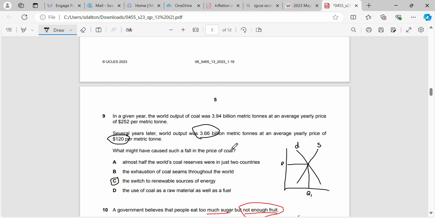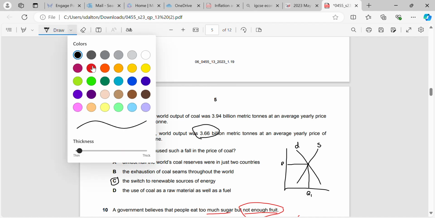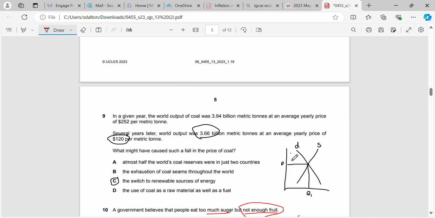So in that case, it would have to be demand shifting to the left, right? Because that would result in the quantity being lower and it would also result in the price being lower too, which are the circumstances that they've given us in the question. Now, why would that happen?